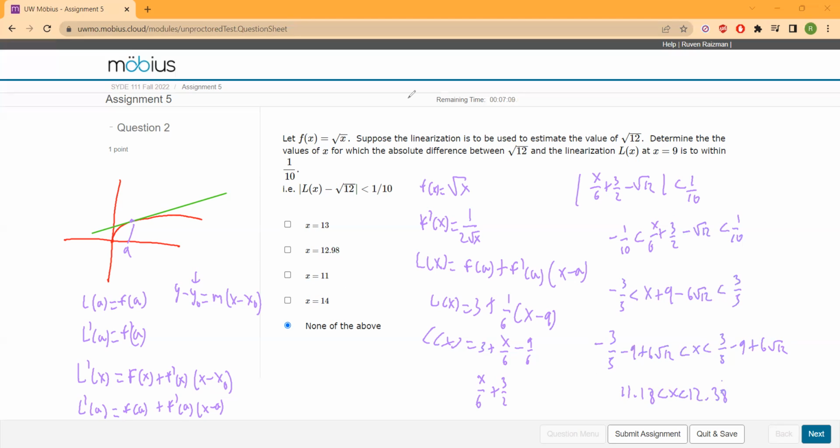So then we can look at what fits those criteria, bigger than 11.18 but smaller than 12.38, and none of these work. And just again to show you what this means, if we draw our graph right here, and then we draw our square root function, and we pick the point 9, so x equals 9.